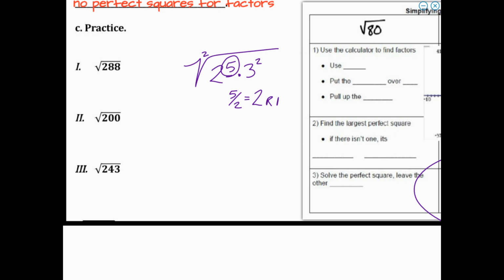So that means I'm going to have 2 squared brought outside, but I'm going to have to leave one of my 2's underneath because of that remainder. And then for my 3, 2 divided by 2 is 1. So that means I get to have 3 to the 1 power outside here.